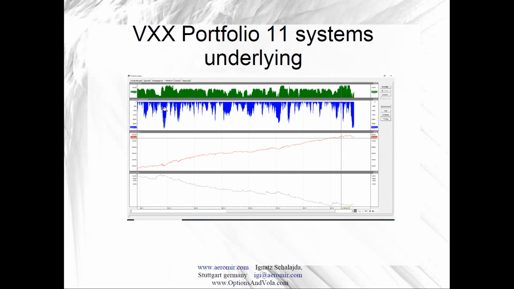And this is the underwater equity, the most important indicator in a trading system. Programmers say, if you optimize a system and you have an underwater equity like this, then it should be realistic to have a maximum drawdown of double or triple the size.